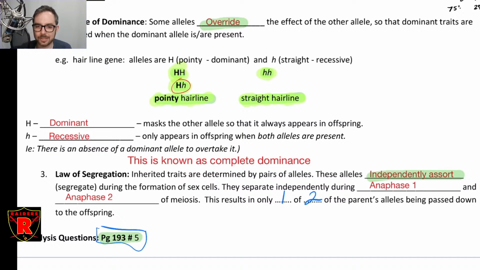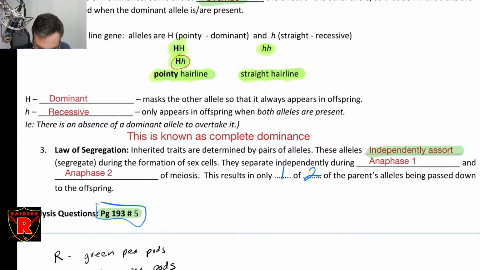Okay, but this is sort of the basics. And all of the traits that Mendel examined exhibited complete dominance. So in Mendel's world, every trait operated like this, where one trait was always dominant over the other. But in actual fact, not every single trait operates like this in real life. And like I said, we'll talk about some other examples.